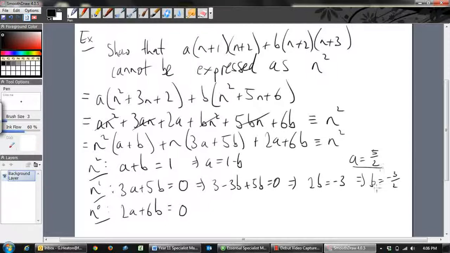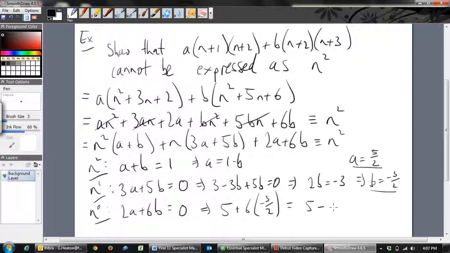And so we've got our a and our b there, and now let's just plug it into here. For these, all 3 equations need to make sense. This needs to also make sense, okay? So what's 2 times a? That's 5 over 2 times 2, which is 5. What's 6 lots of b? Well, I better just write it down because I'll get confused, you'll get confused. 6 times negative 3 over 2, so that's negative 9.